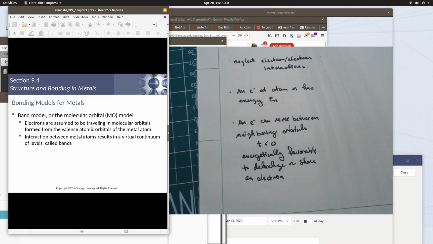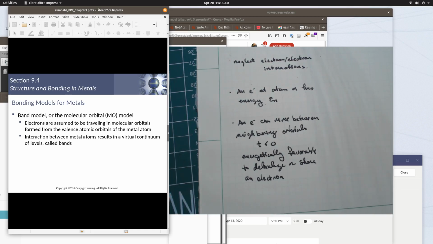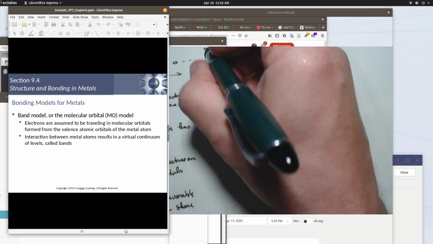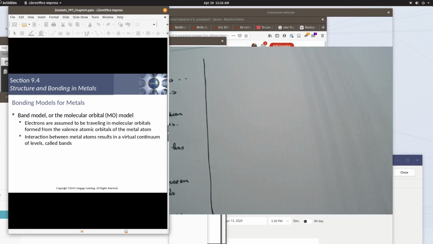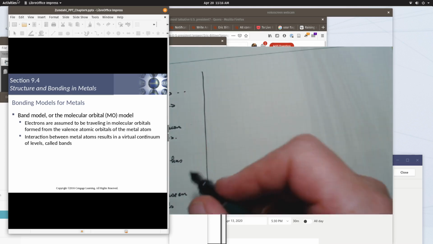Again, this is one of the assumptions that we made when we were developing the molecular orbital theory for atoms, right? That we can put an energy and so on. But what we're going to do is a little bit different in this case. Let me write out the resulting Schrodinger equation.